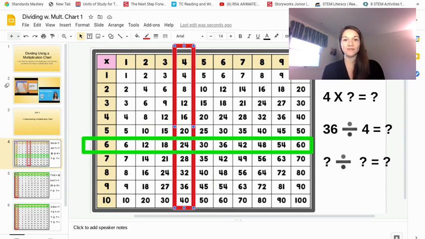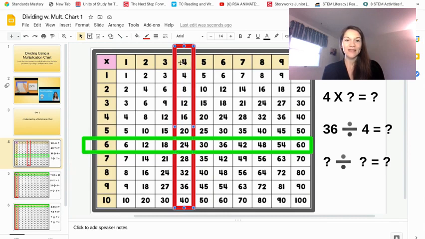And if I know 6 times 4 is 24, I know 4 times 6 is 24. And then when I'm looking at this in the inverse operation of division, I'm looking at 24 being my total. That needs to be my dividend. 24 divided by 6 equals 4, or 24 divided by 4 equals 6.